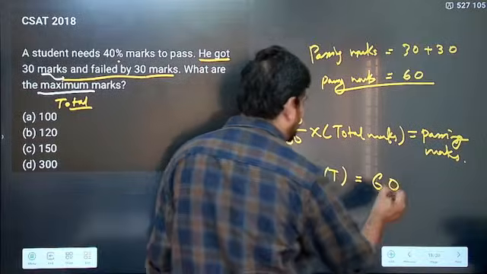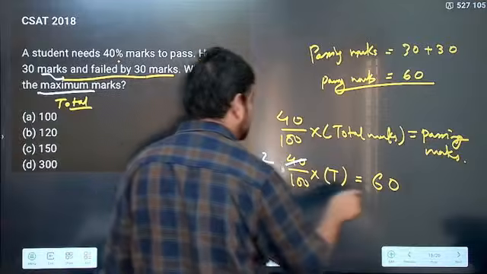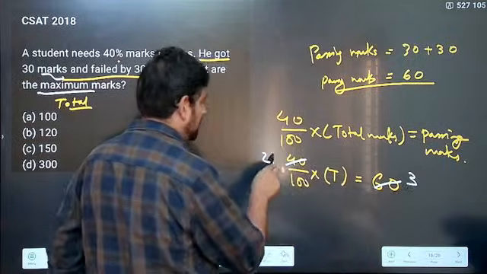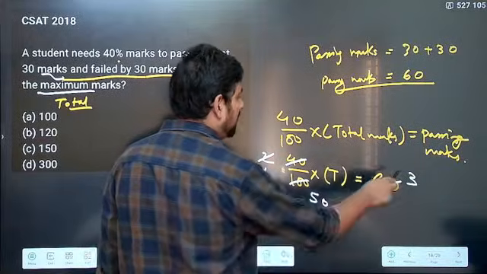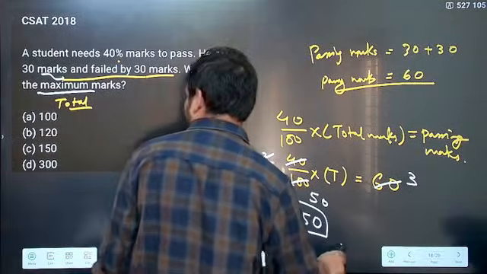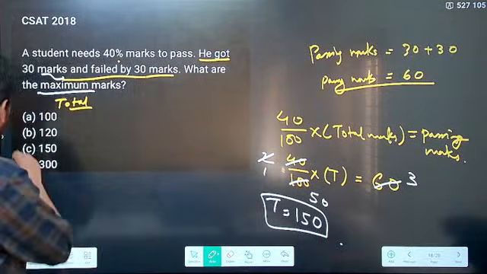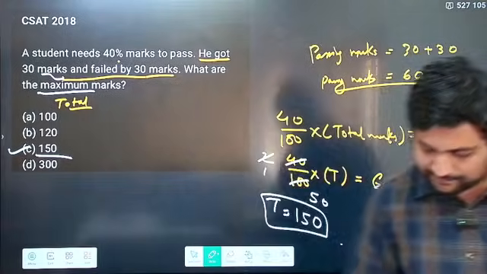Passing marks is 60. Very easy to do now. This goes 2 times, this goes 3 times, this goes 1 time, this goes 50 times. T came out to be 50 into 3, that is 150. So what is the maximum marks or total marks? 150 is the maximum marks.